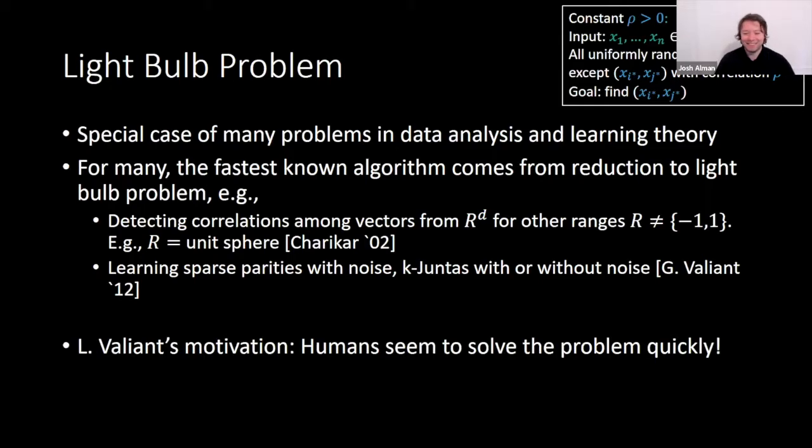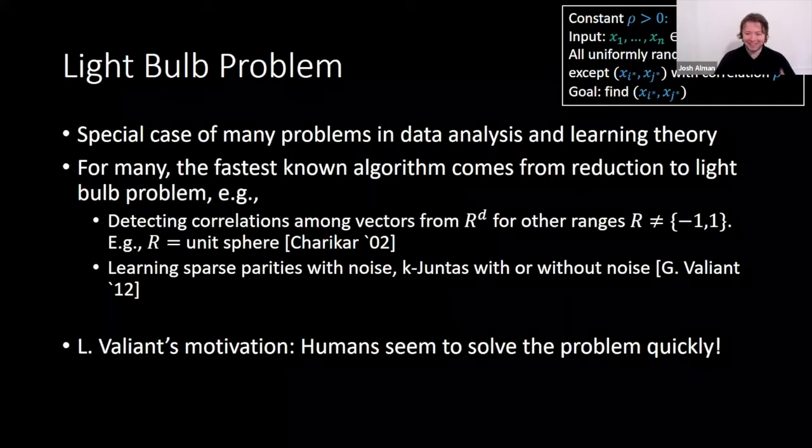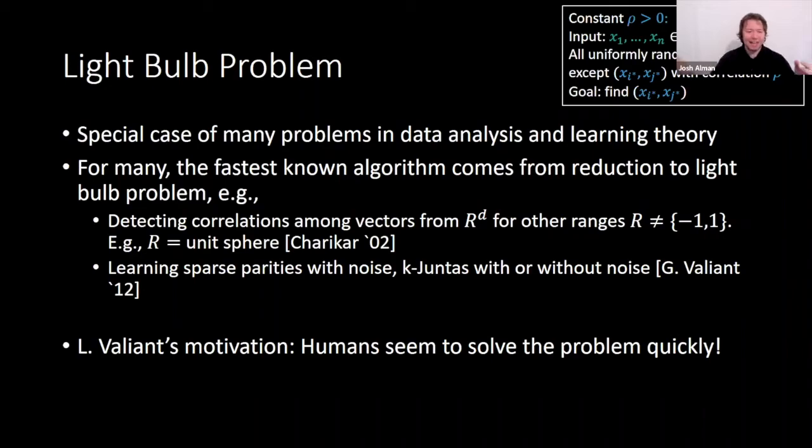Okay, and one thing I'll mention: Les Valiant's initial motivation for introducing this was an empirical study he'd been reading about, that humans seem to be able to solve this problem quickly. In the study, they lined up n light bulbs in front of a person, and every second they all turned on or off uniformly randomly, and they were all independent except for a pair of the light bulbs that was correlated in whether they turned on or off.